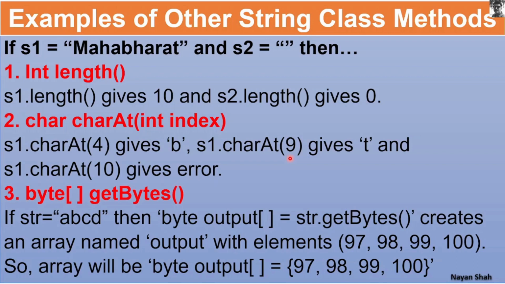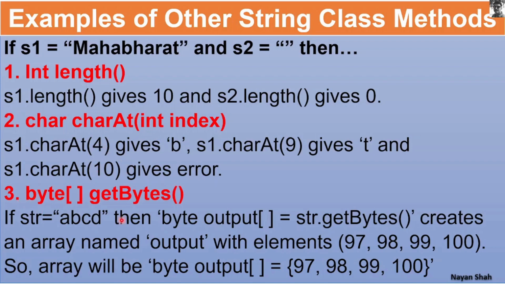That error can be like ArrayIndexOutOfBoundsException. We'll discuss this in the next chapter. But remember, what you specify here is the index number. So if you specify 4, you get the 5th character. If you specify n, you will get the n plus 1 character.